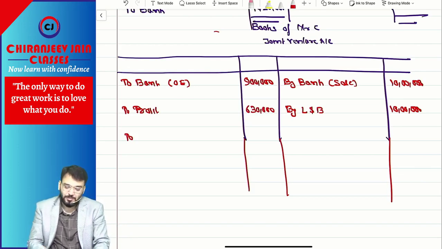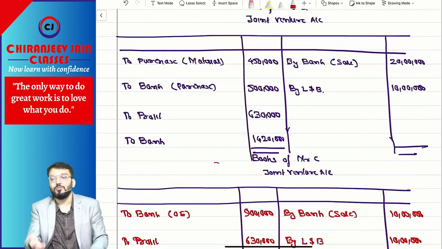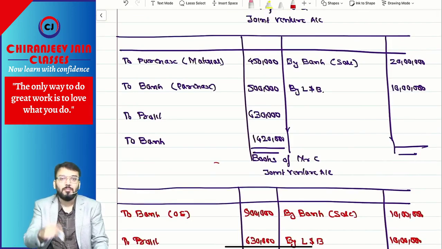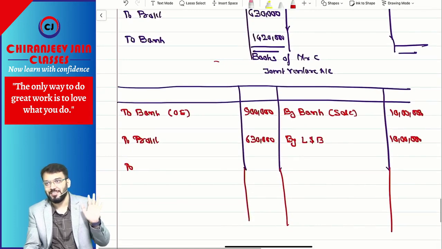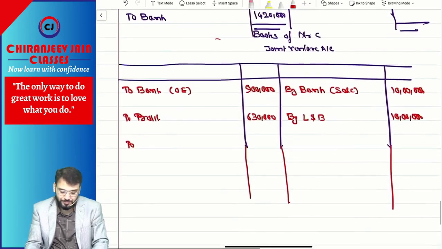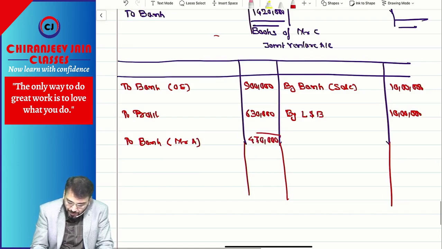Payable. So it means some amount is payable by B, some amount is payable by C, to A only. And those two totals will match with that total, always. If it is not matching, you are making some mistake. Got this point? To bank. How much to Mr. A? 4 lakh. Now you understand what I want to say.